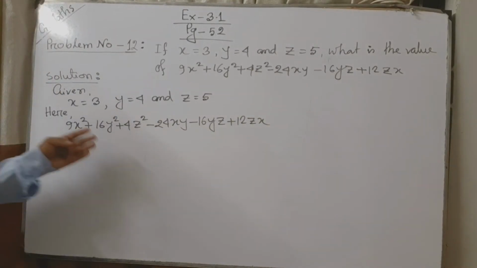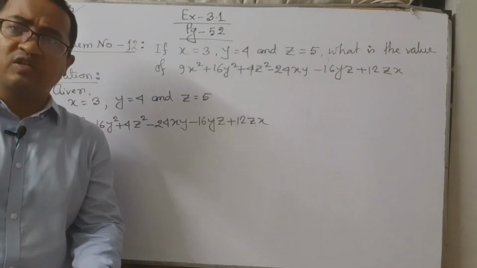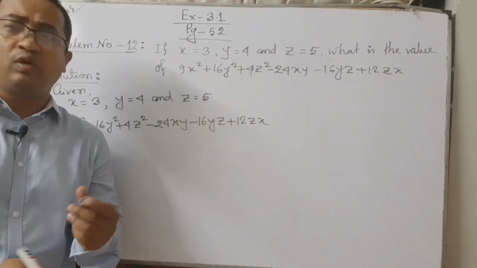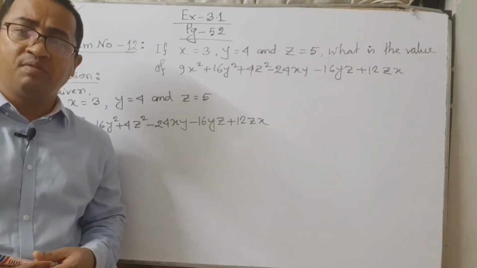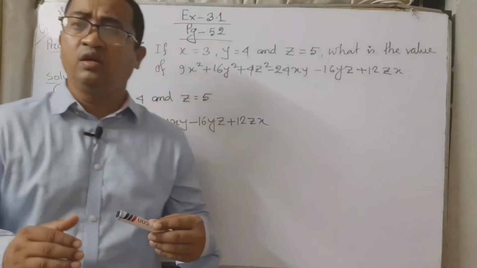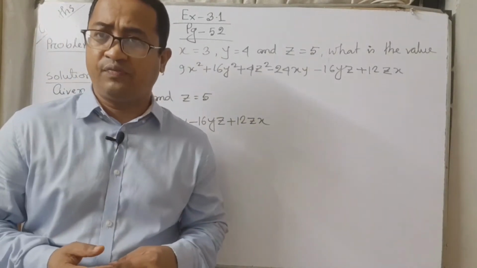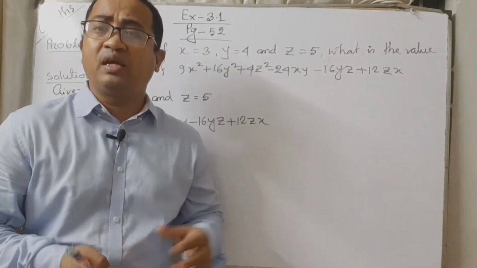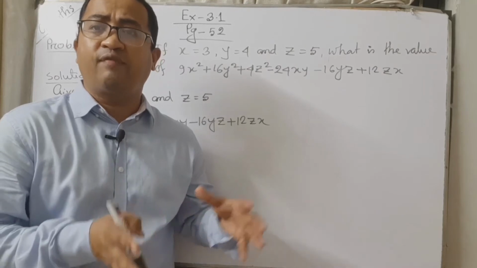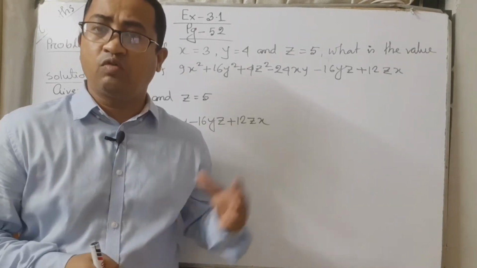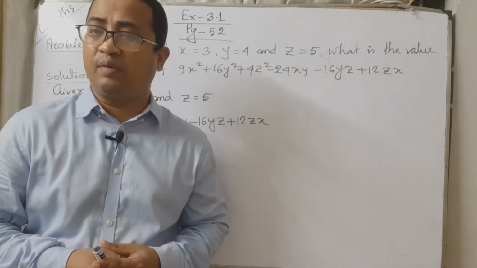Now if you just replace the values of x, y, z in this expression, you will get your answer directly, but I think it will be quite difficult. So if you want to make it easier, you should apply a formula over there. Now which formula can we apply over there?